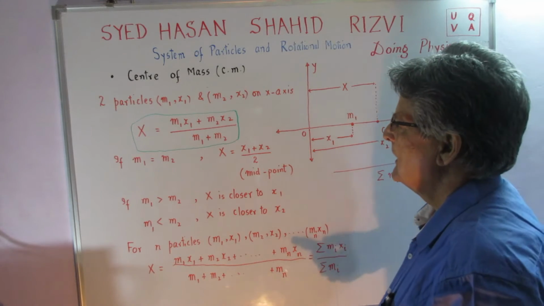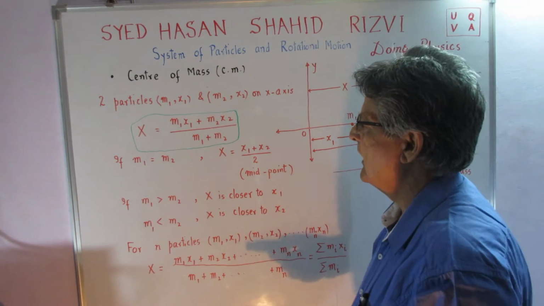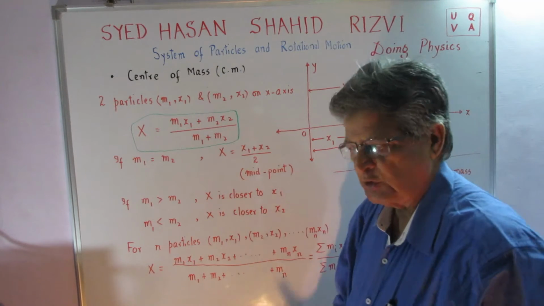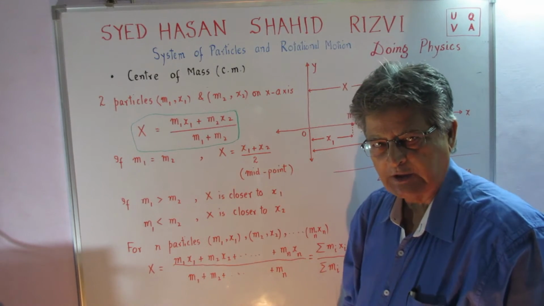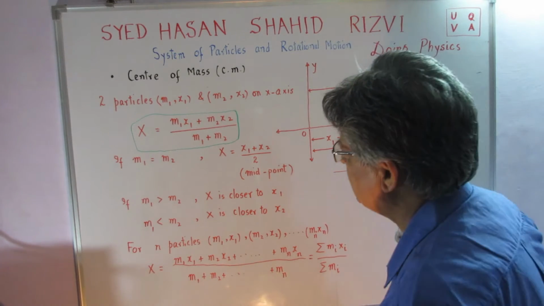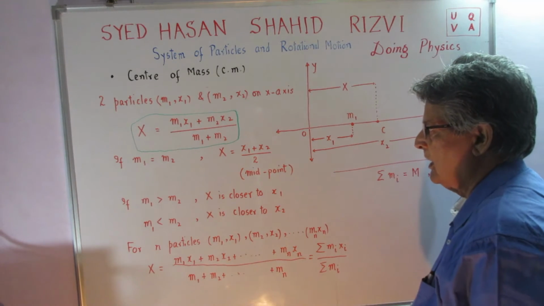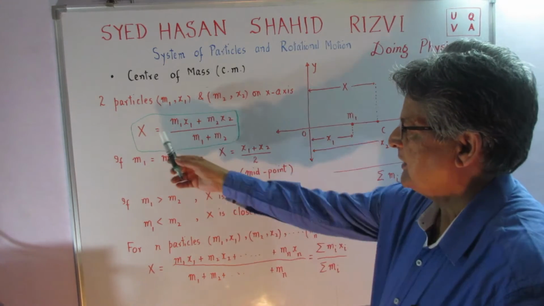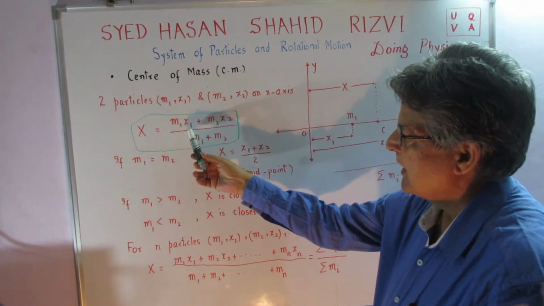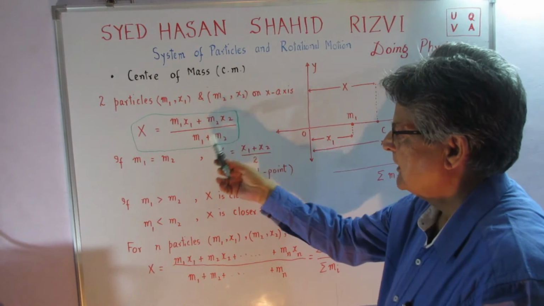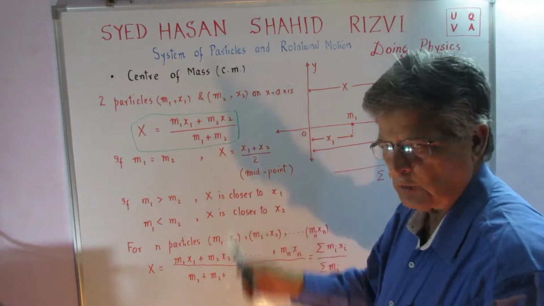Let us take x1 and x2 equal to each other. Both the particles are placed at the same location. Then you can see that x will become equal to m1 x1 plus m2 x1 divided by m1 plus m2.